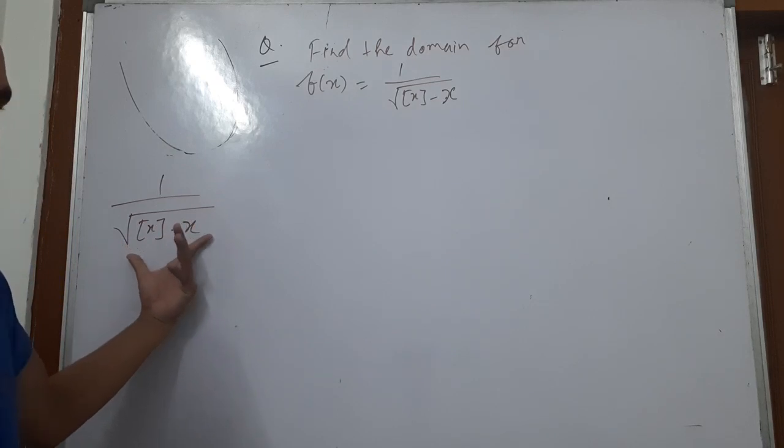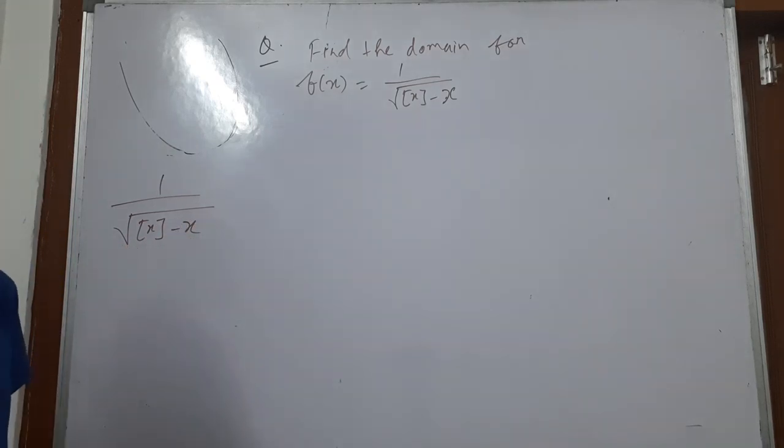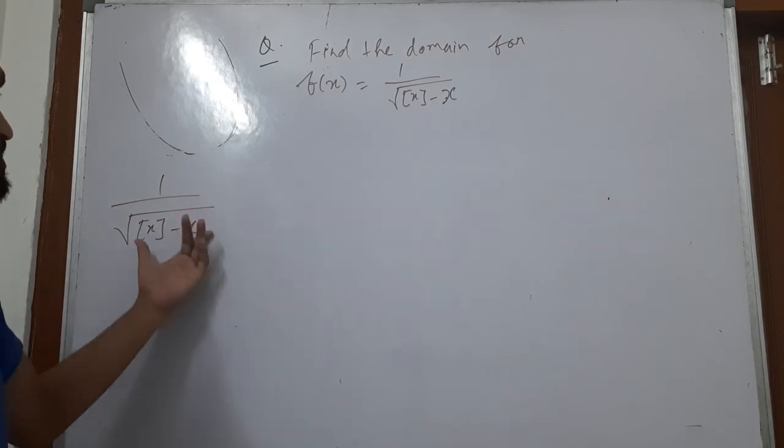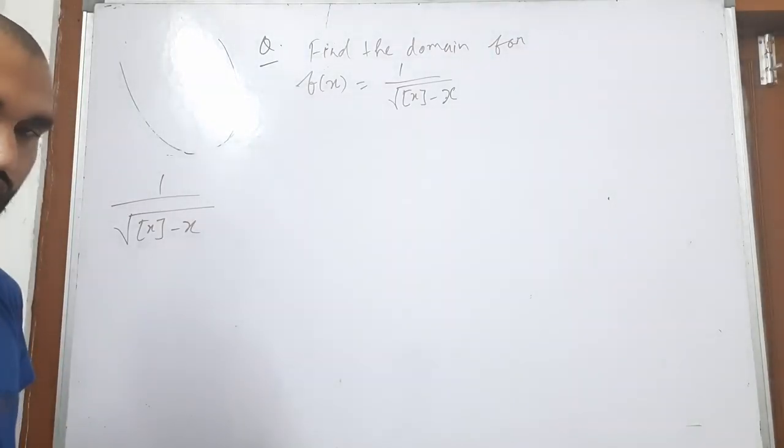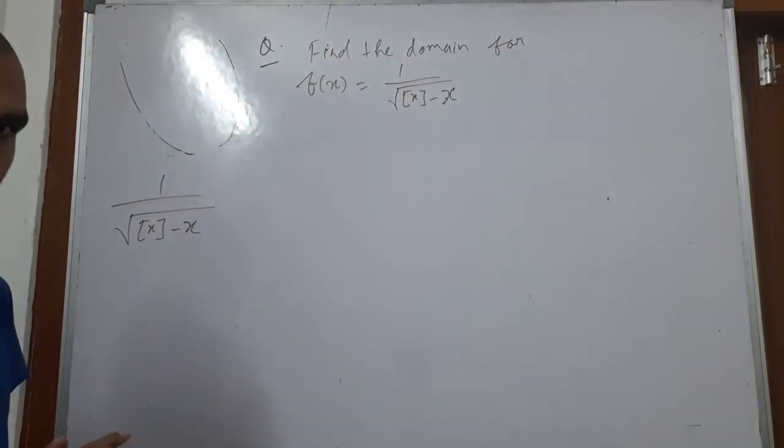For a finite value, we know that the denominator should never be 0, and since this value is under the square root, it cannot be negative.